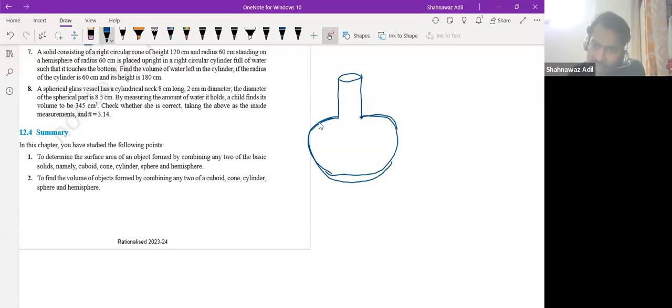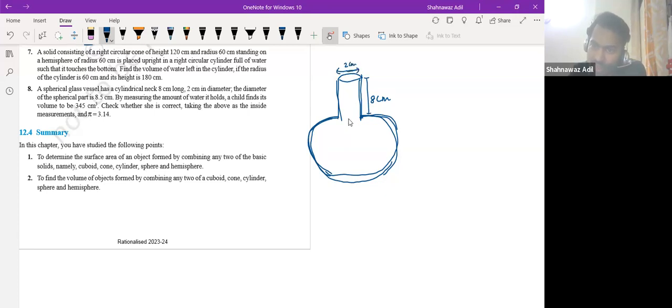So you have a spherical thing, and then on top of it you have a cylindrical neck, 8 centimeter long. So this is 8 centimeter and 2 centimeter in diameter. So this whole length is 2 centimeter.